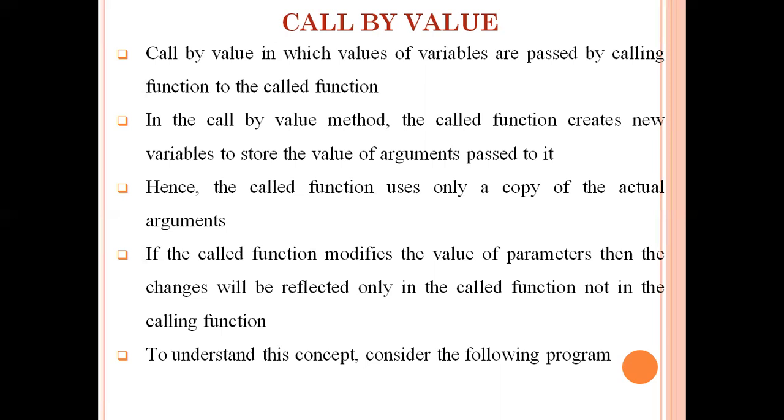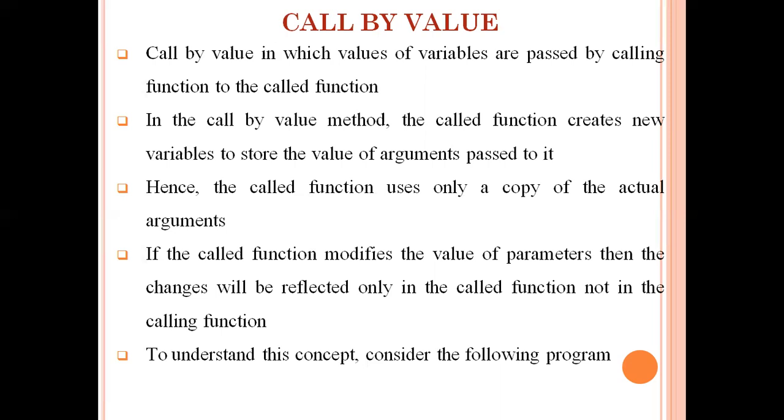It will be reflected only in the called function, because the called function uses only the copy of the values passed by the calling function. It doesn't use the original values. So the modification will be reflected only in the called function, not in the calling function.